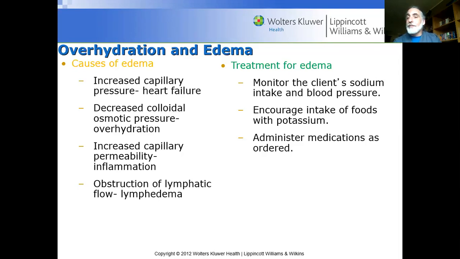Like loop diuretics, not only do they kick the sodium out and then the water follows with it, but potassium goes out as well. If you lose too much potassium, it's a very important electrolyte in muscle function. This can be very bad for the patient. Too much potassium, too little potassium can affect the cardiovascular system very strongly.